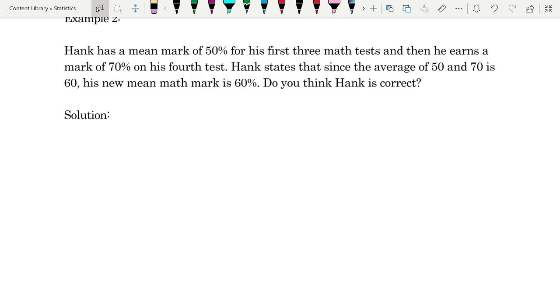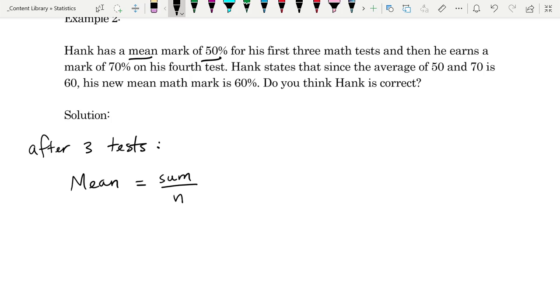Well, here's the way I would approach this. After 3 tests, I would say, of course, that my mean is always the same formula. It's the sum of all the data points divided by the number of data points. And for his first 3 math tests, he has a mean of 50. So 50 is the mean, and he wrote 3 tests.